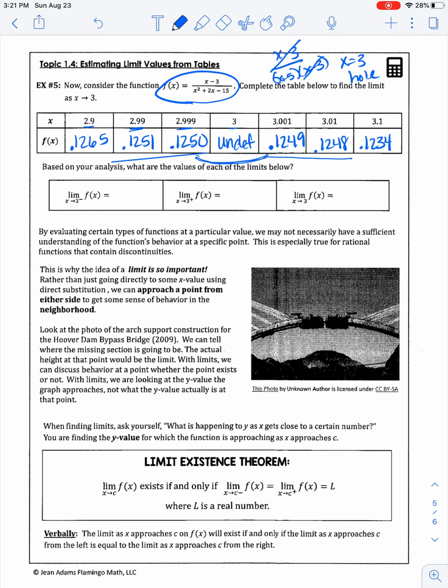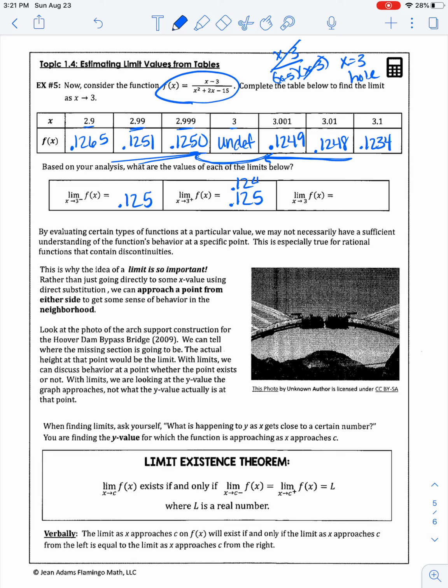Okay, so we talk about the limit as x approaches 3 from the left. So from the left would be this way, so we're headed to 0.125. And from the right, we're at 0.1249, which is the same thing as 0.125. And again, it's not where it is exactly, but I know that they are headed towards the same place.